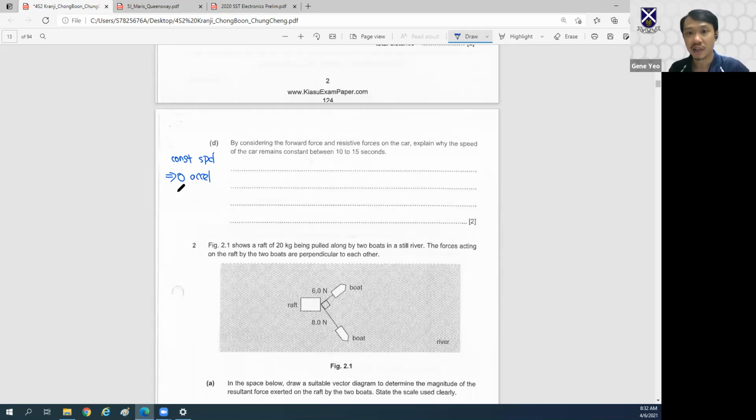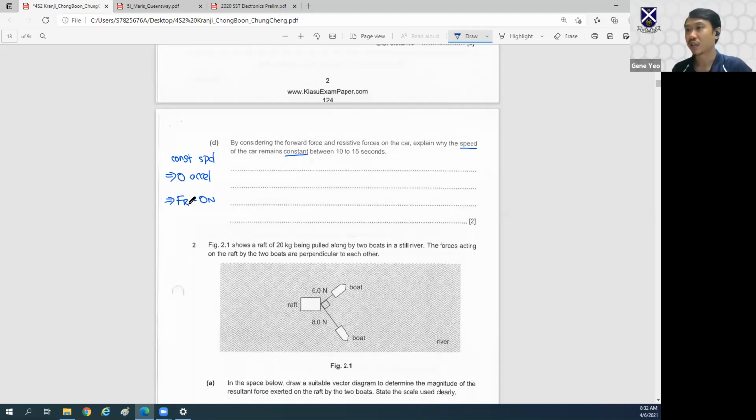And when you have zero acceleration, it means that the resultant force is 0 Newton. So you have to follow this argument whenever you see constant speed.